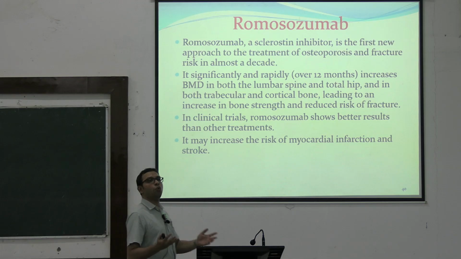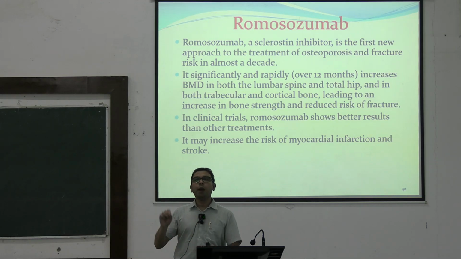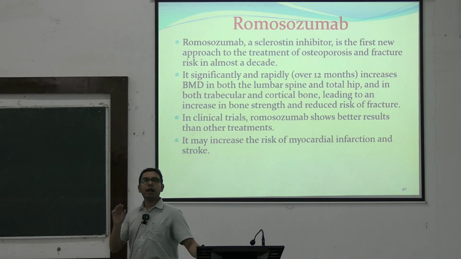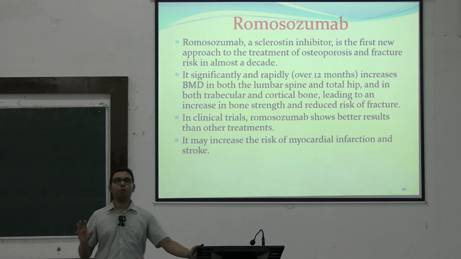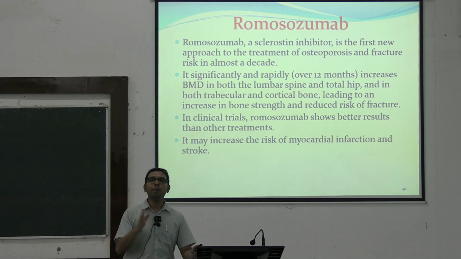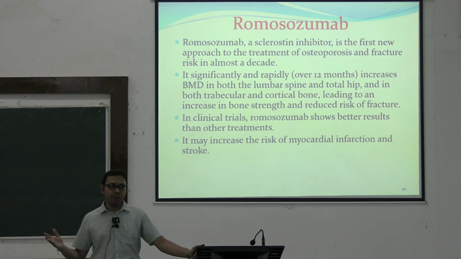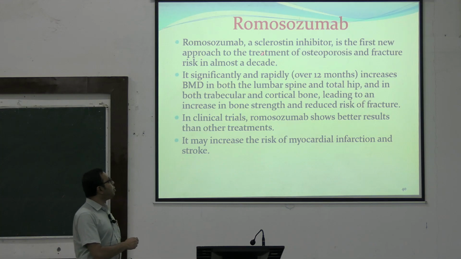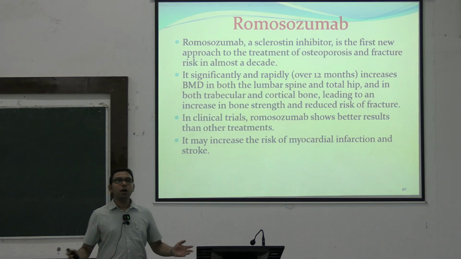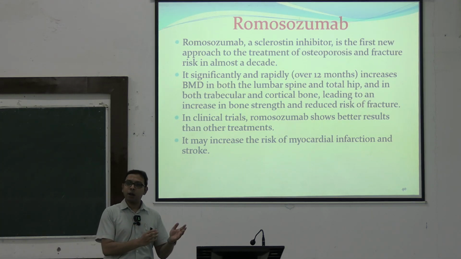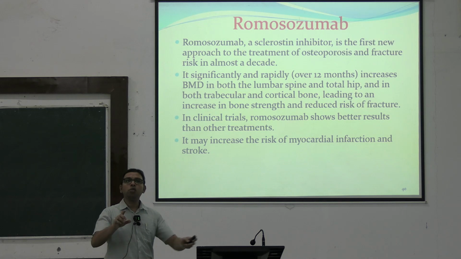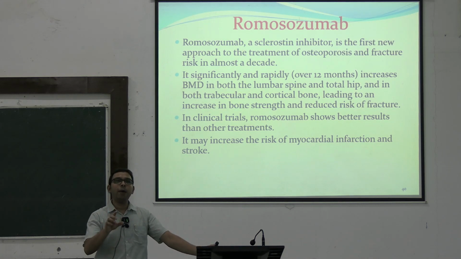This is the newest one. It is also one of the most potent agents that can be used for the management of osteoporosis. But remember, Denosumab and Romosozumab are costly. So Romosozumab is a sclerostin inhibitor. What is Denosumab? Denosumab is an osteoprotegerin mimic.